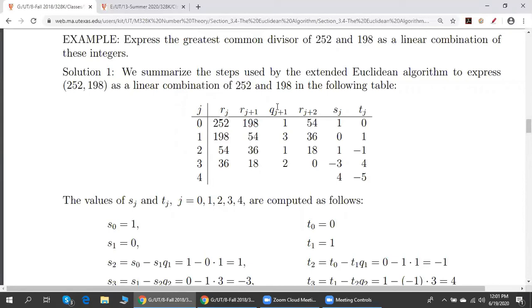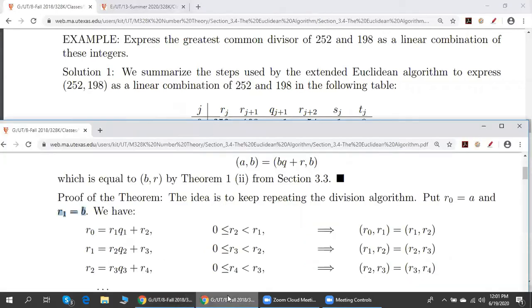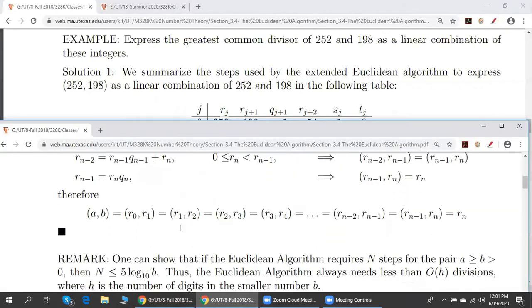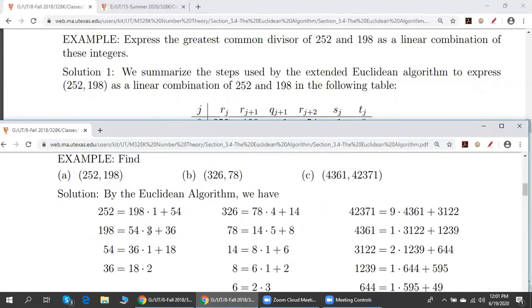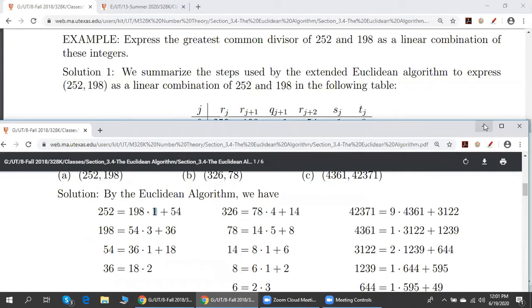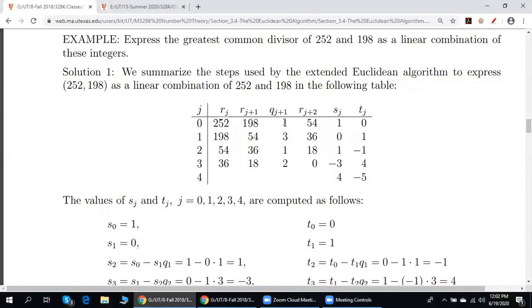Next, column number 4 are values of Qj plus 1. If j is equal to 0, Qj plus 1 is Q1. And by the Euclidean algorithm, Q1 is 1. We put here 1.